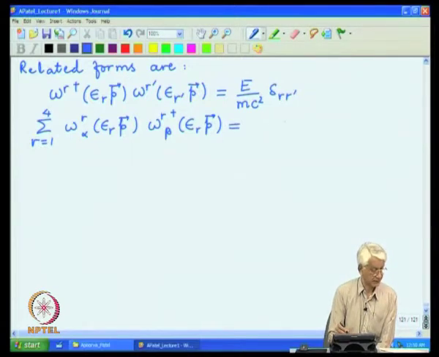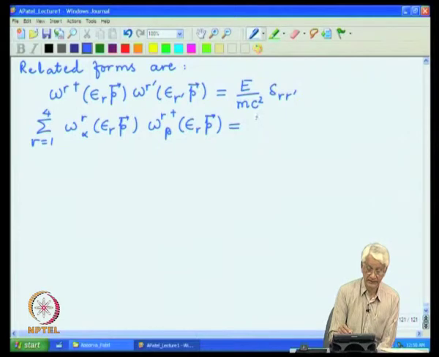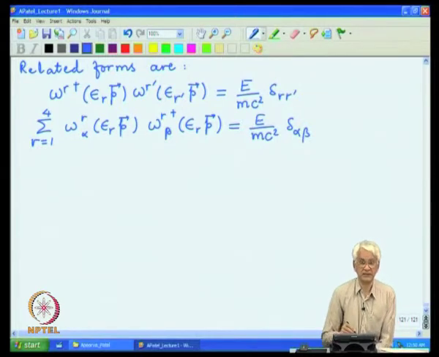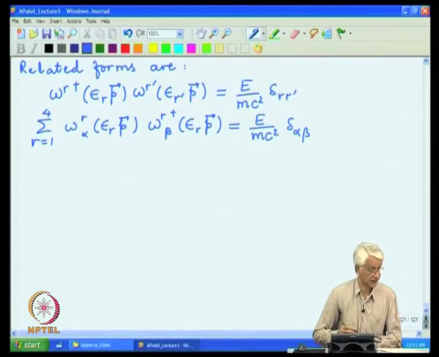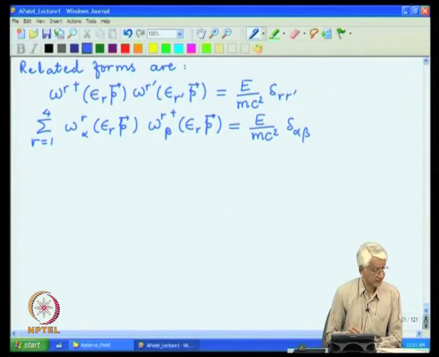In the rest frame, the answer is still the same when there is no Lorentz contraction factor, and in an arbitrary frame this result produces delta alpha beta, but multiplied by E by m c square. These relations are sometimes useful, and so it is worth remembering where the deviation between the omega dagger and omega bar comes in. So, this is now a complete basis.